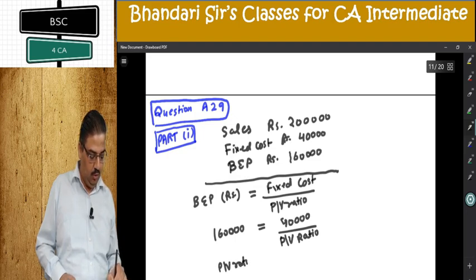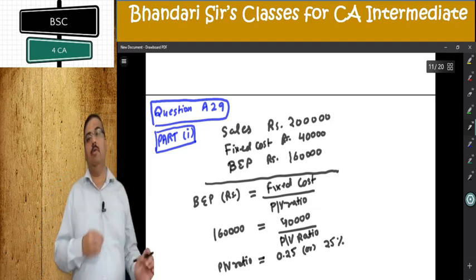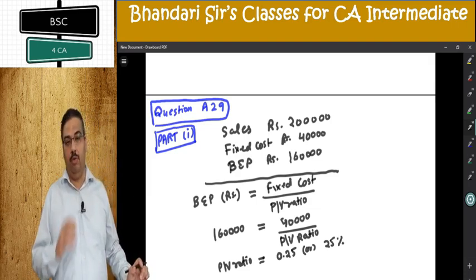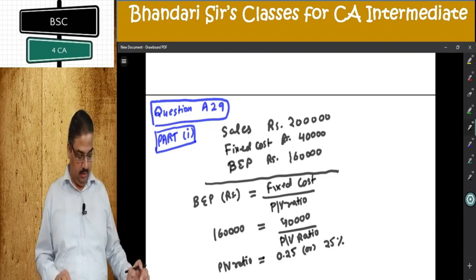So PV ratio is 0.25 or 25%. 40,000 divided by 1,60,000 is 0.25, which is 25%.